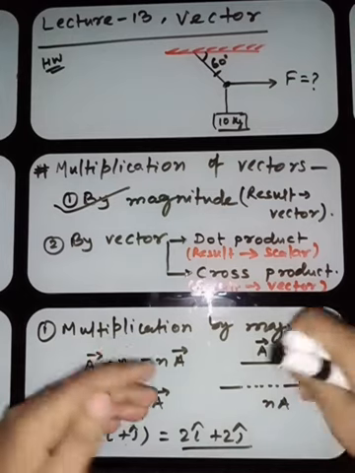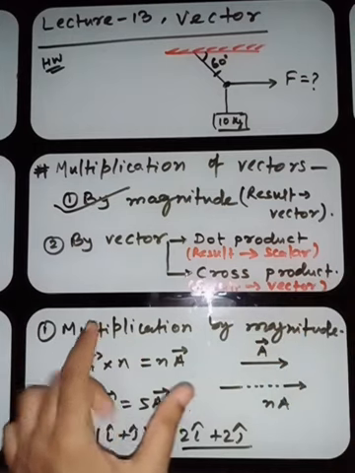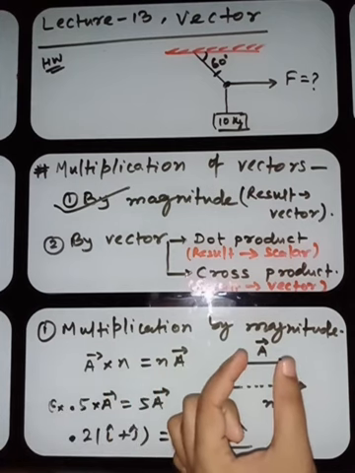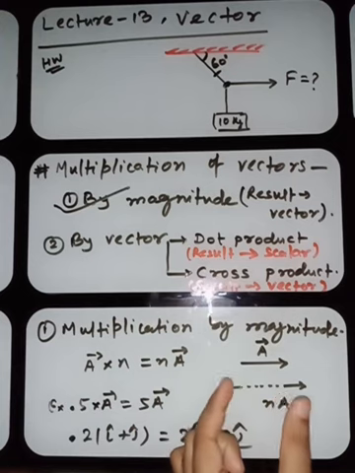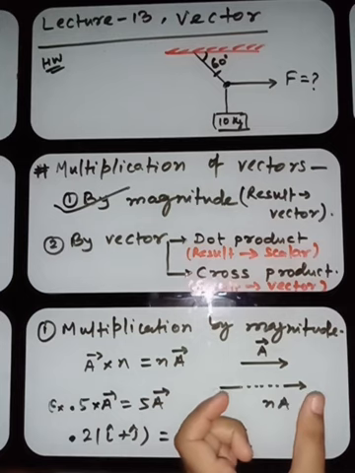The number will only increase the magnitude. If the vector a was of this length, then n times a becomes of this length. So the magnitude is increased, but remember, my dear students, the direction is not going to change.